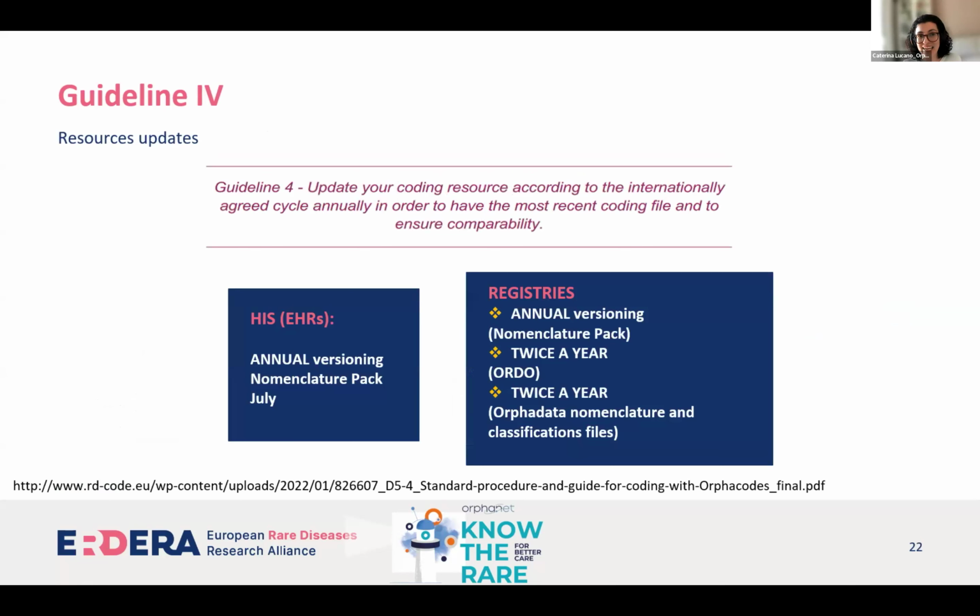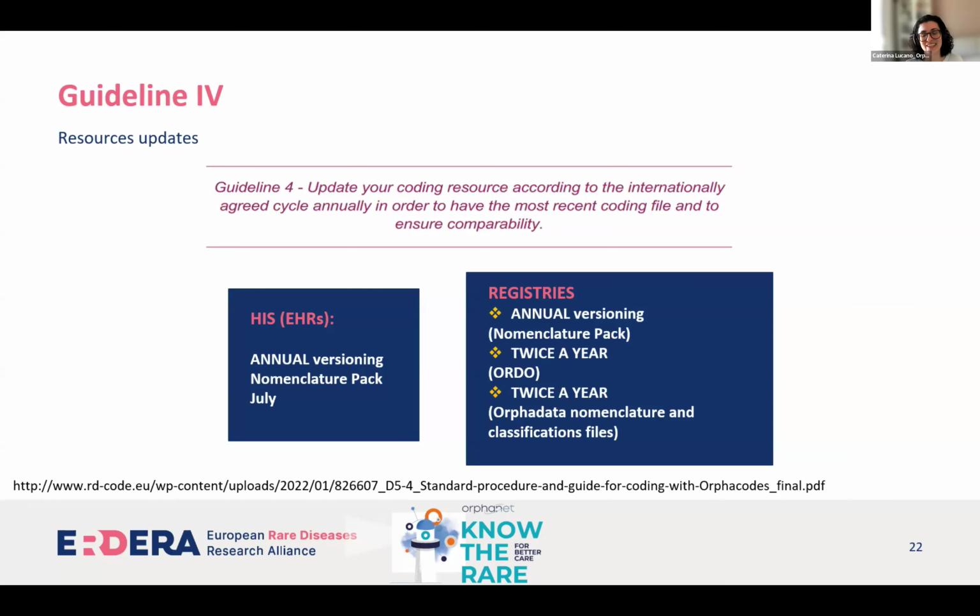And finally, guideline 4, the coding resources should be updated according to the internationally agreed cycle annually. So Orphanet nomenclature is released annually. So we recommend to update the coding resources every time a new version is released.